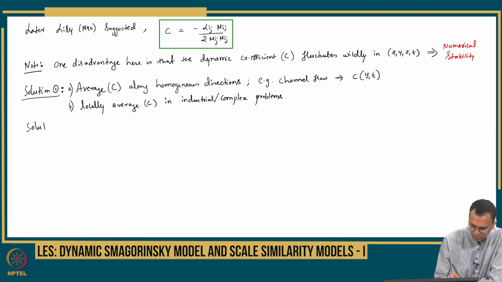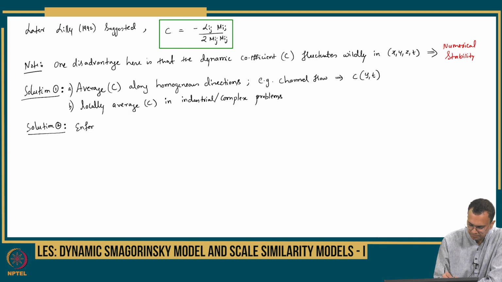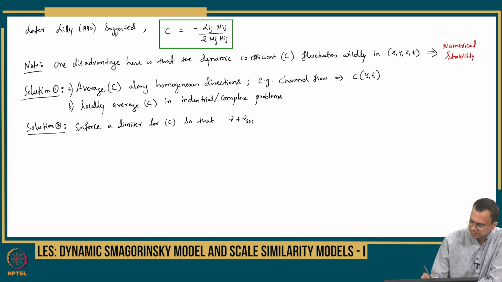The other solution is, of course, you can come up with some kind of a limiter to make sure that the nu SGS stays positive. Okay, so we enforce a limiter for C so that nu plus nu SGS stays positive.